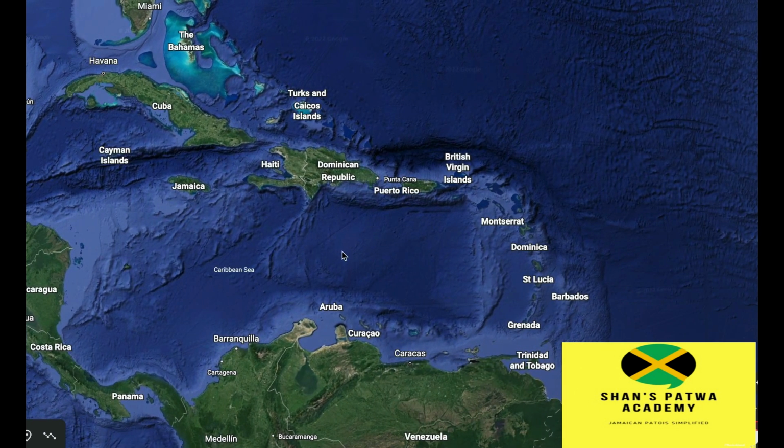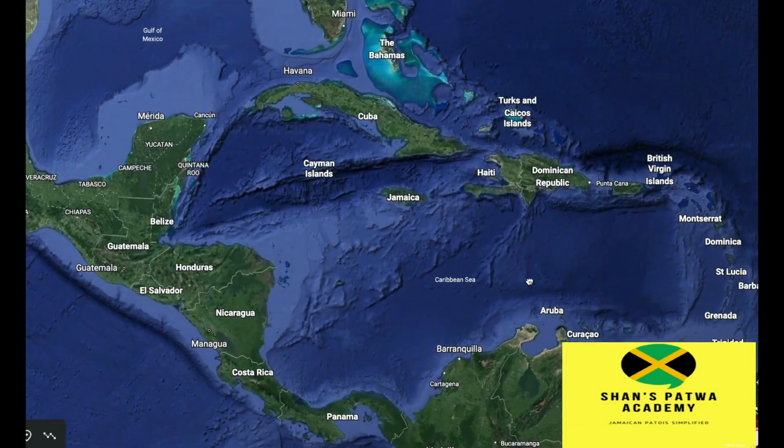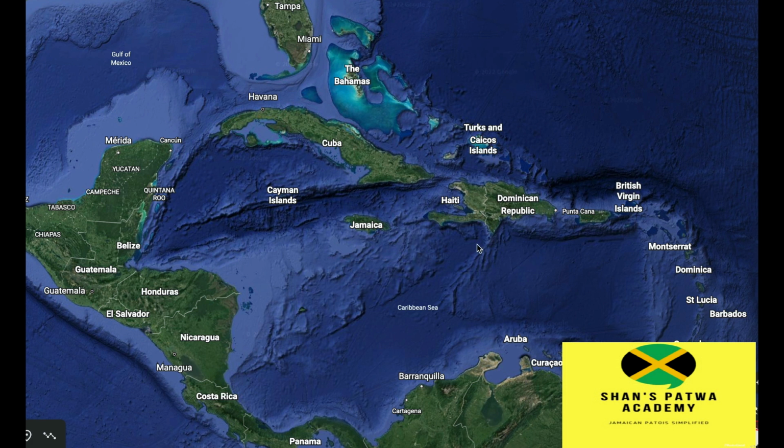So yeah, the takeaway from this lesson today is that Jamaica is in North America. It's surrounded by the Caribbean Sea. Its closest neighbor is Cuba, which is actually Spanish speaking. And this region is quite interesting because Cuba speaks Spanish, Jamaica speaks English and Jamaican Patois, of course.